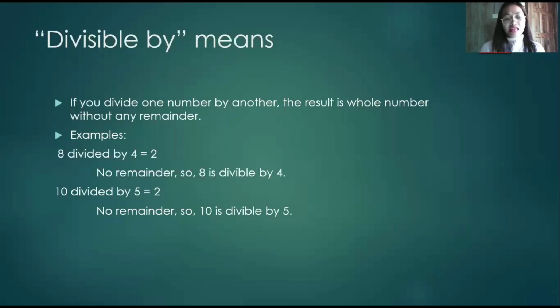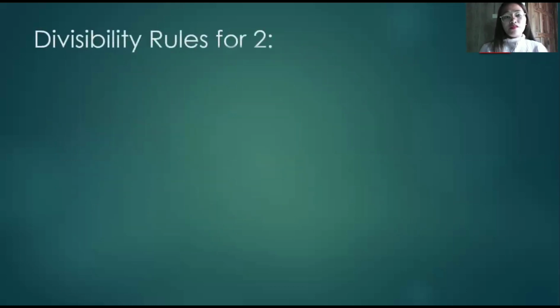Therefore, 10 is divisible by 5. So, is that clear? If the answer is a whole number, there is no decimal point. Did you understand? Now, we will proceed to the divisibility rules for 2.